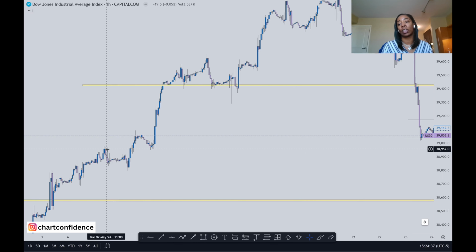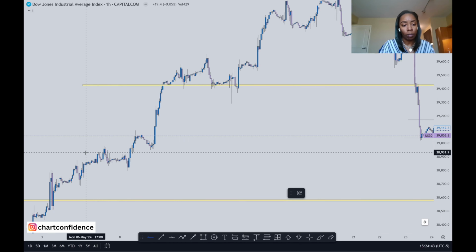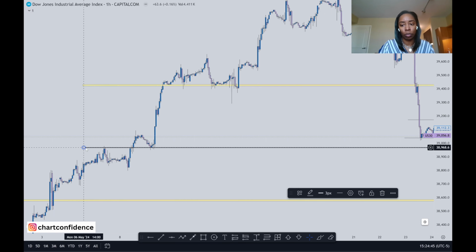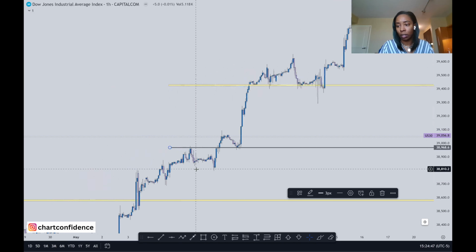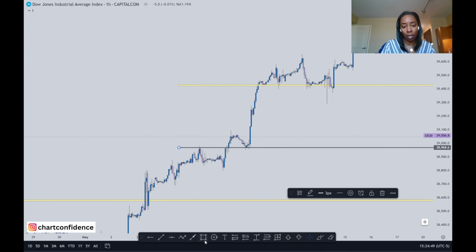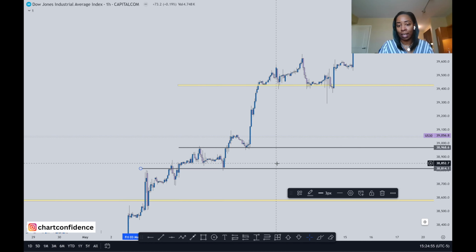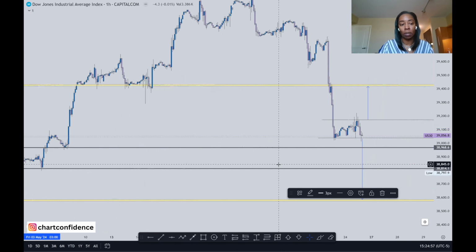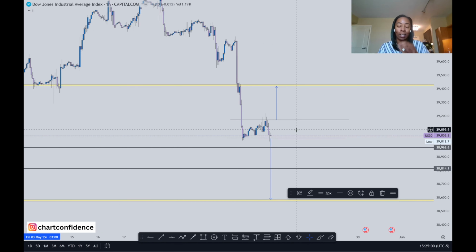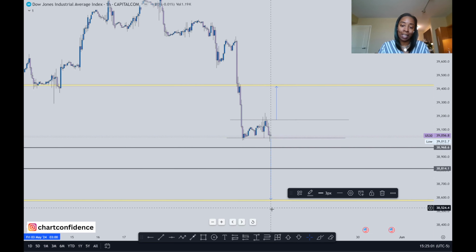So right here at 38,957, that's going to be a level for sure. So I'm just going to mark this off right there. That could be a level. And then another level that I'm seeing is right around here at 38,800. So these are some other minor levels that can be targets on the way down to here.